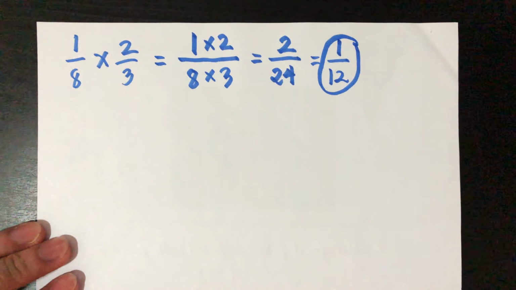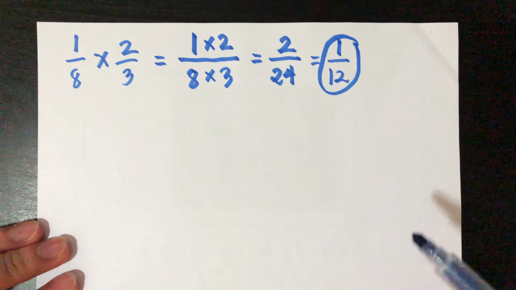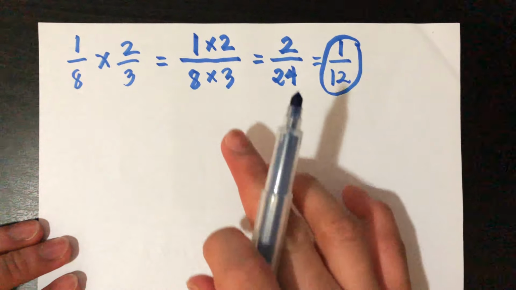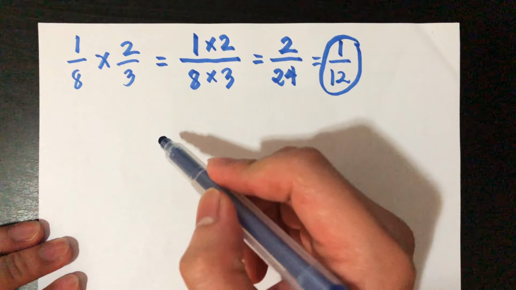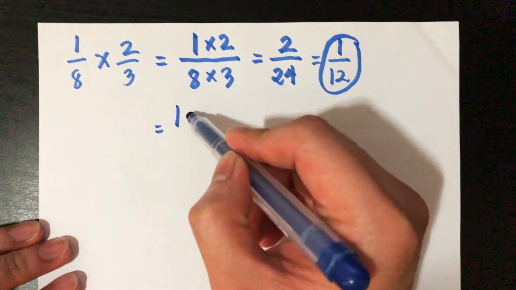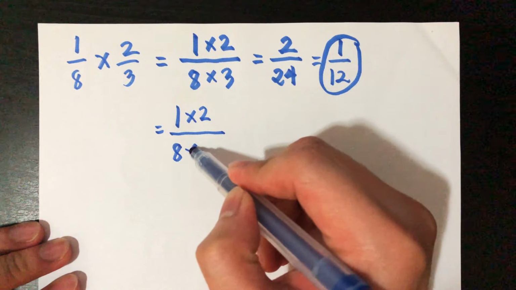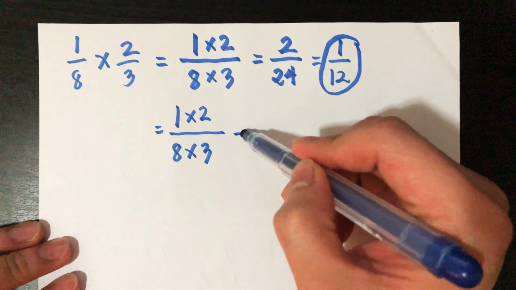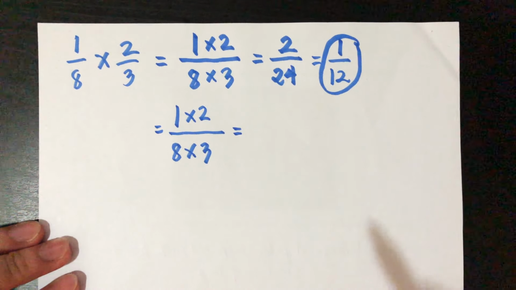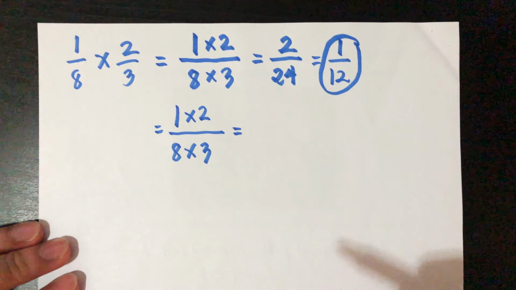Okay? Now, another method that we could use is the prime factors. So what we're going to do, same procedure like this one. So we have again 1 times 2, then we have 8 times 3. Okay? Now, the next one is we're going to convert some numbers into their prime factors.